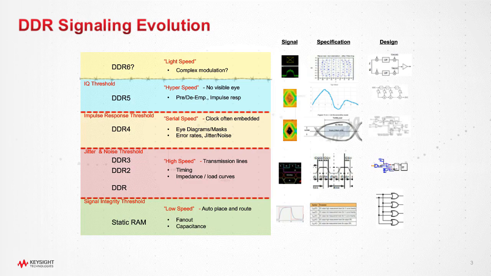The thing that changed with DDR4 is that because things like random jitter and random noise were basically consuming the entire budget and weren't accounted for in the spec, we had to figure out a way to describe the memory device so that the eye could be managed.